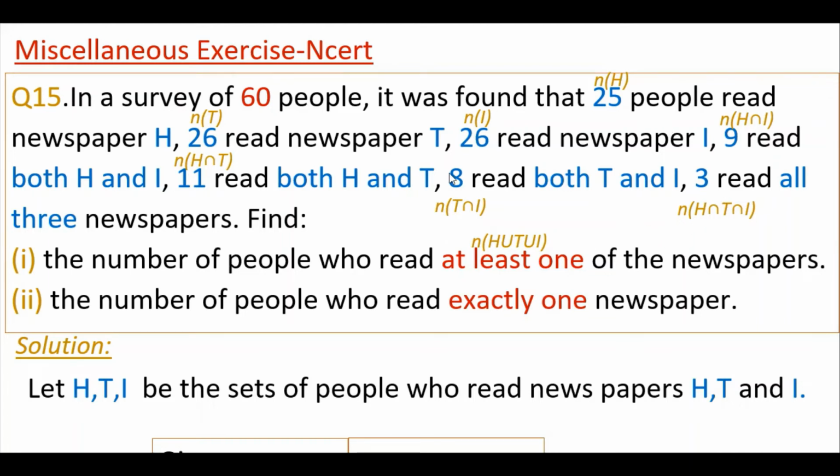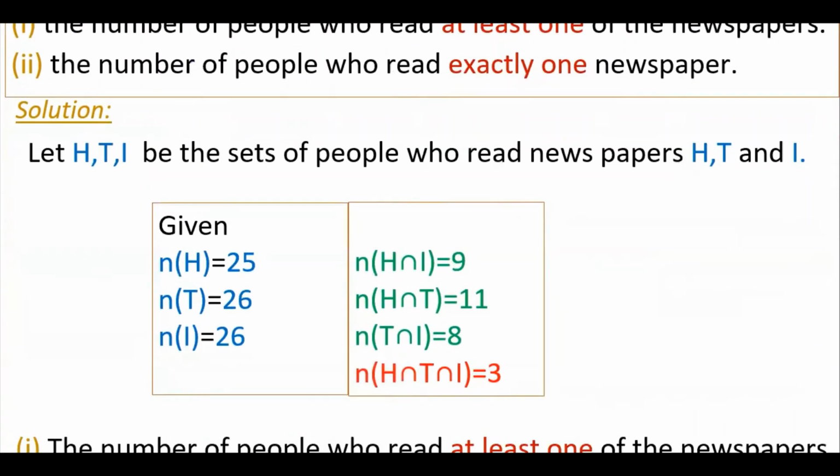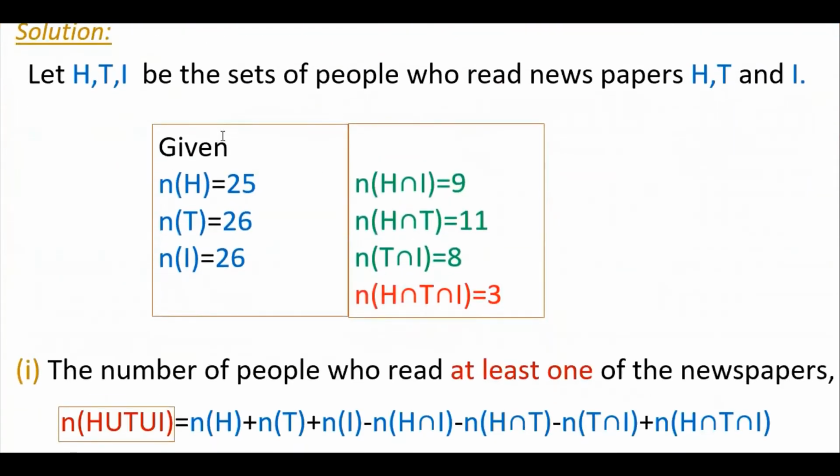So once you write all these values, you have to find the number of people who read at least one of the newspapers. That means minimum one paper they have to read. So those people, you have to find n(H ∪ T ∪ I). First write the given values.